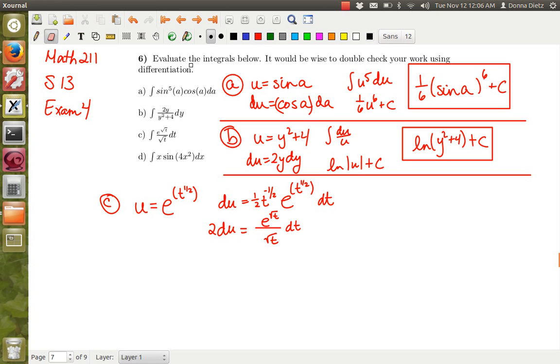Other than the 2, everything came out perfectly evenly, so we're going to replace everything with simply 2 du. That's easy, because 2 du is just what? 2u. And you take the integral. 2 e to the square root of t plus c. That's it.